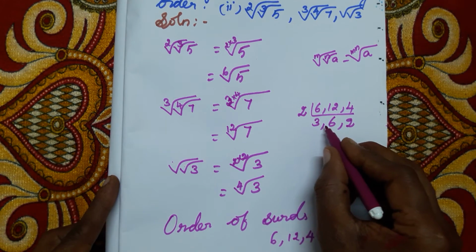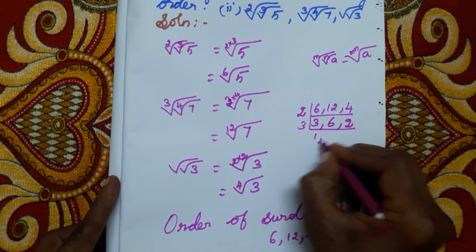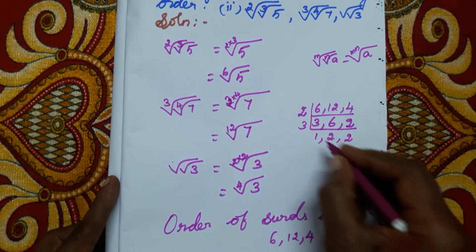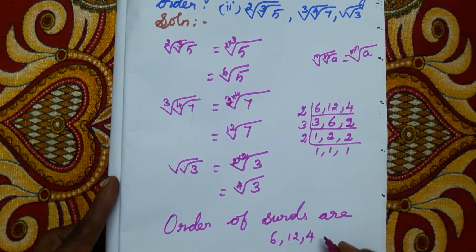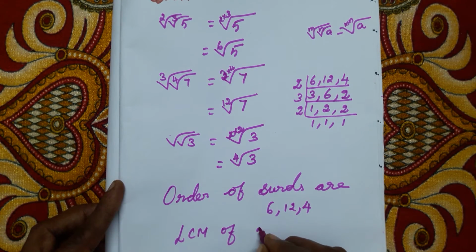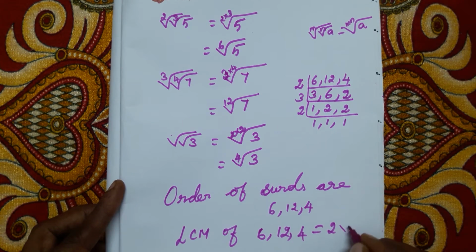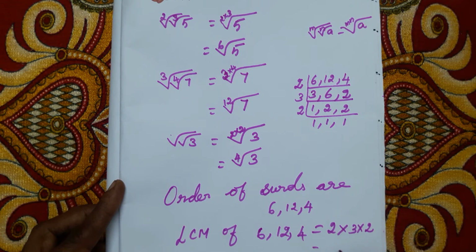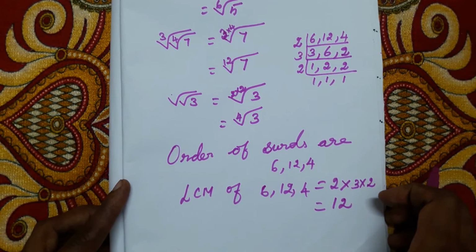Now we can factorize these two numbers with 3 table. 1 3 is 3, 2 3s are 6, 2. Next again 2 table, 1 1 1. So what is the LCM? LCM of 6, 12, 4 is equal to 2 into 3 into 2, 2 3s are 6, 6 2s are 12. The LCM is equal to 12.